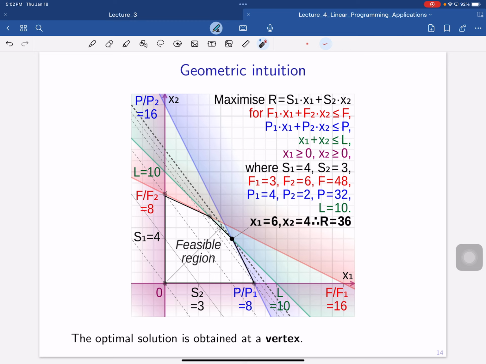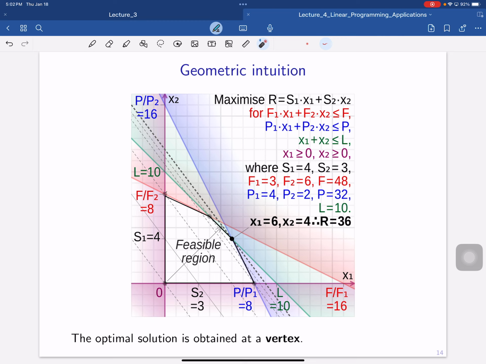Okay, so if you plot the contour plot, it's like you are gradually moving this contour up to see where you hit the boundary. If you move this way, you are increasing the total profit, right? And you want to move this line as much as possible, right? And then you can only move it until the point here, right?